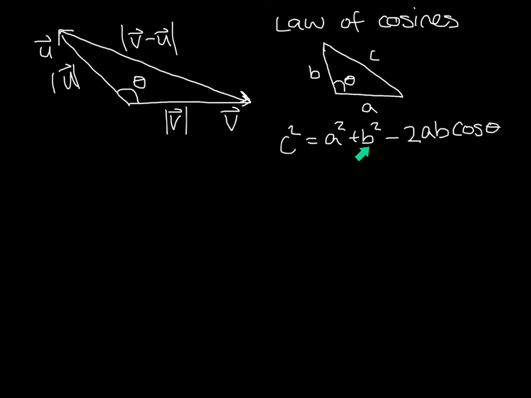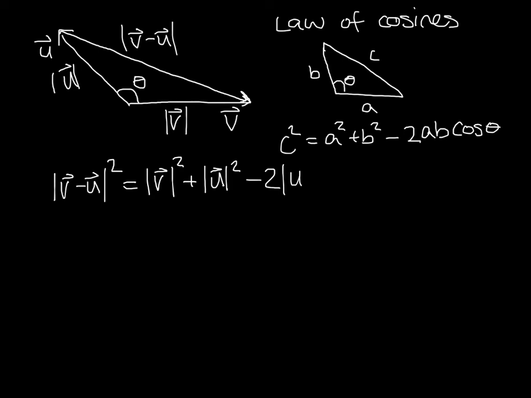All right, so let's say that c is our magnitude of v minus u. So I'll rewrite it: v minus u, and we're going to have to square that, right? Equals, let's do our v squared plus our u squared. And then we need to take away 2 times the magnitude of u, magnitude of v, times cosine, and we'll just call it theta.